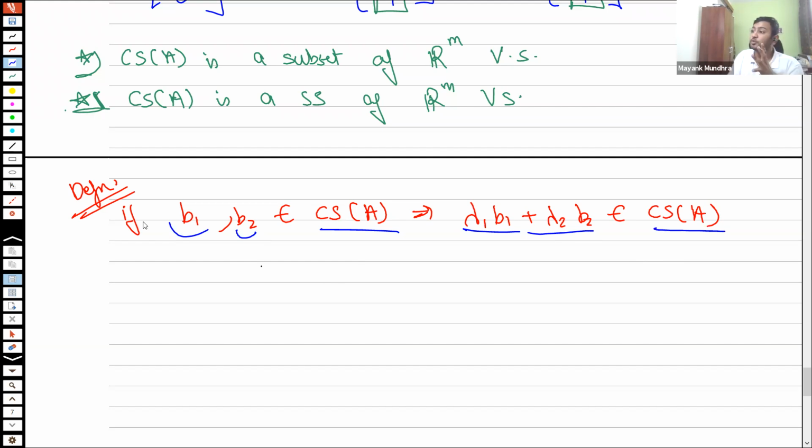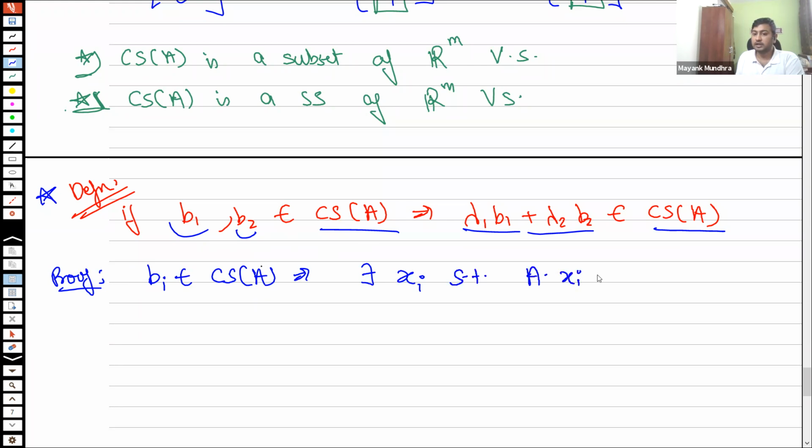So let's say I want to prove this. This proof is important. They can ask you in the subjective part of the exam. So how do I prove this? I already know that b1, b2 belong to the subspace. So bi belongs to the column space of A, which implies there exists some xi such that A times xi equals bi, for all i belonging to {1, 2}.